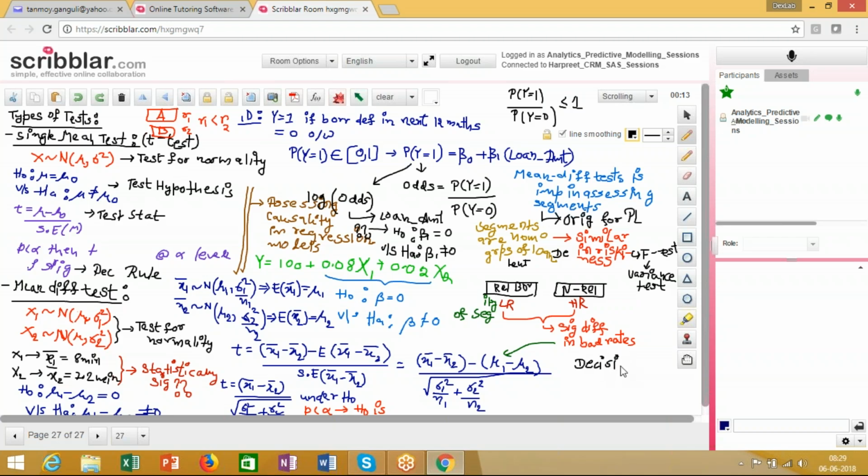And the segments are generated. The segmentation criteria is identified, and using that segmentation criteria, the decision trees are generated.